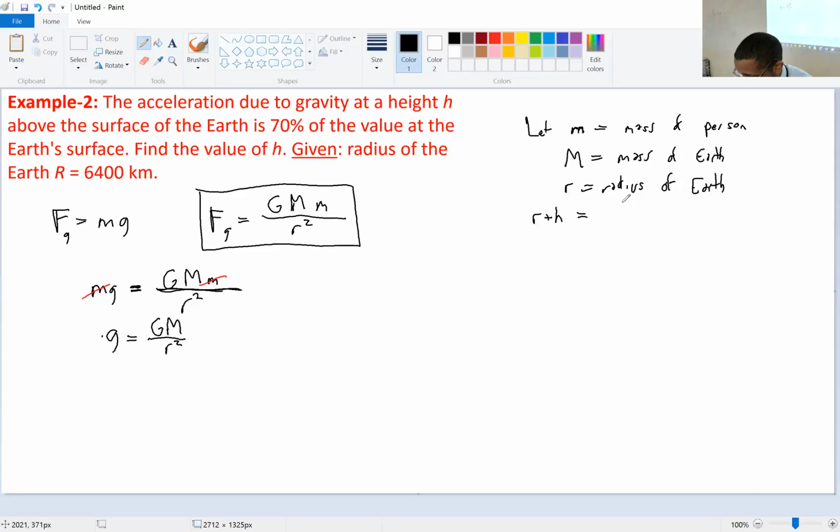Let's see what I want to call that. Distance from Earth center. And we can just modify this one, so that's what he actually does.